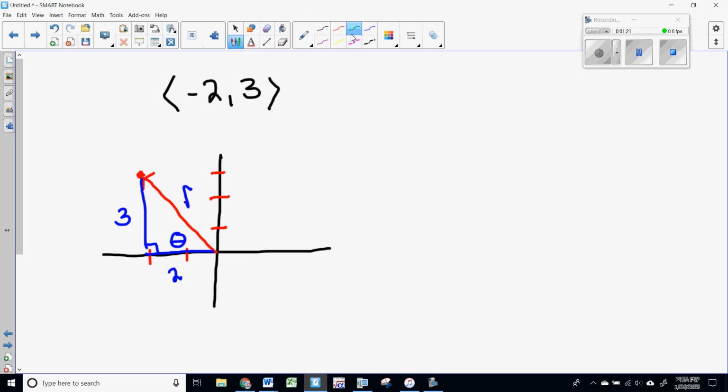Now, many of you are still doing this using law of sines and law of cosines and all that kind of stuff, and that works. I just feel like that takes more work, and it takes a little bit longer. So I want to show you how I would do this. I would find R by using the Pythagorean theorem. So just use the Pythagorean theorem, and that is 4 and 9.